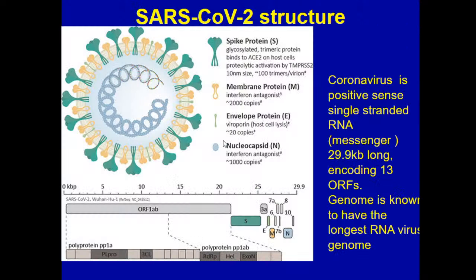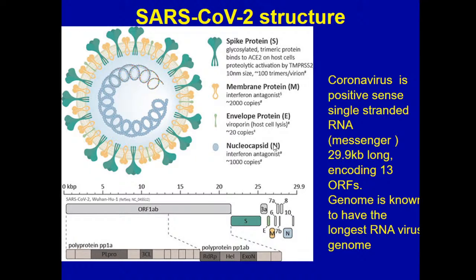So we go ahead with the structural characteristics of this virus. And this is a very nice picture that shows very important viral proteins and also the viral genome. But that we'll see later on also.